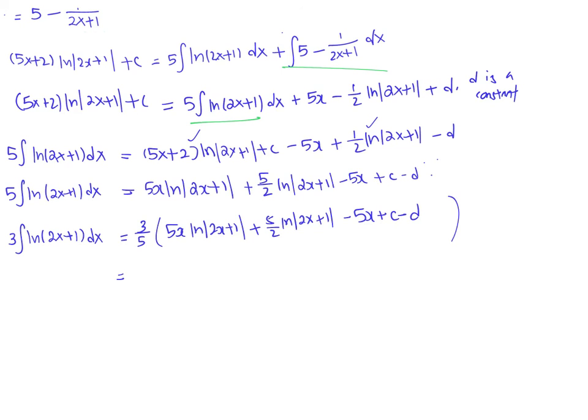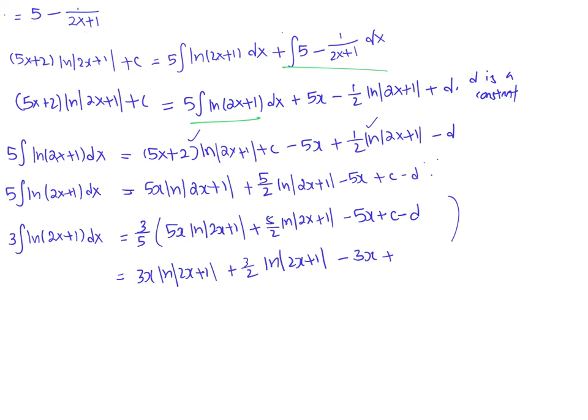In other words, we can finally simplify this to give me 3x ln modulus of 2x plus 1 plus, is it 5? No, it should be 3 over 2 ln modulus of 2x plus 1 minus 3/5 times 5x, which is simply 3x.